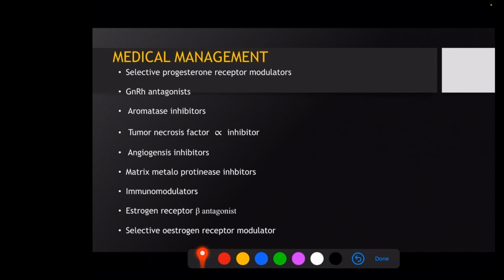Again, aromatase inhibitors. Aromatization can promote endometriosis. That is conversion of some androgenic tissues to estrone, then estrone to estradiol. So aromatase inhibitors help against the spread of disease. Then tumor necrosis factor inhibitors, angiogenesis inhibitors.